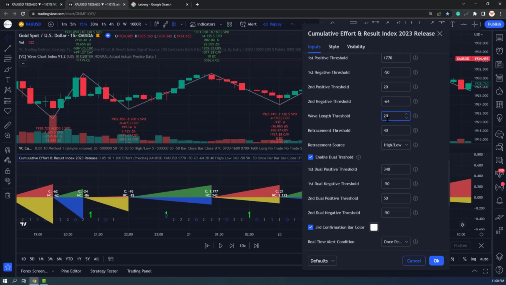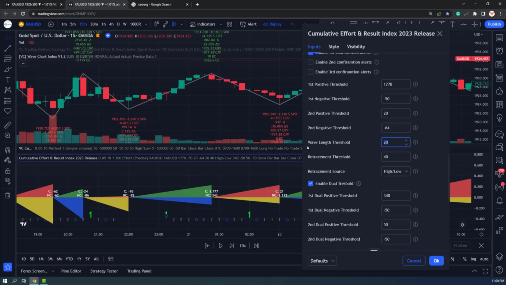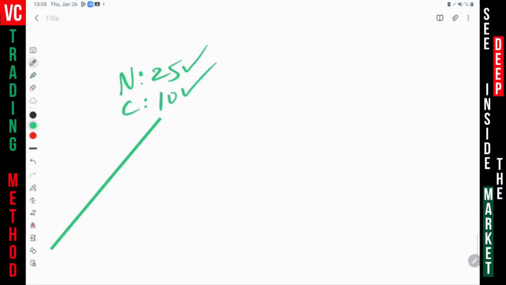There is one more thing that I left, that is the wavelength. The use case of wavelength, I think most of the members are already familiar with, but let me explain it again. What is the wavelength?